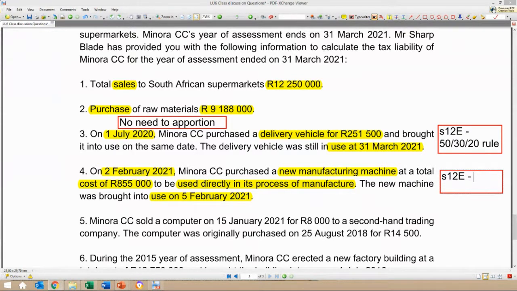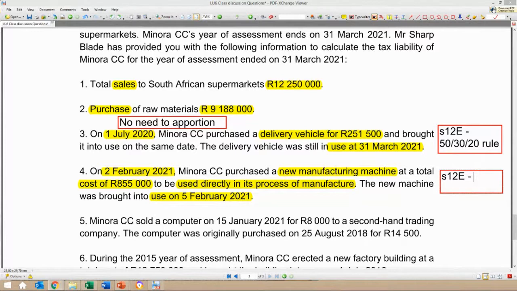Okay, so for manufacturing, if we use it for manufacturing specifically, and we apply section 12E, what percentage of that asset's value can we deduct in our current tax year? Ma'am, is it not 100%?